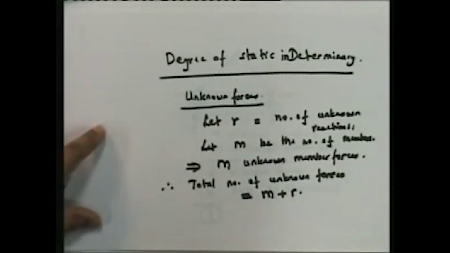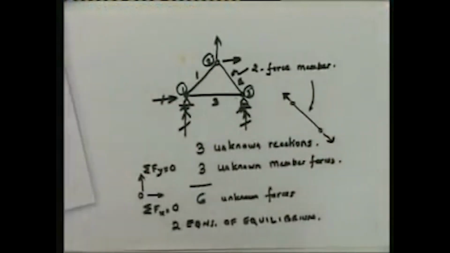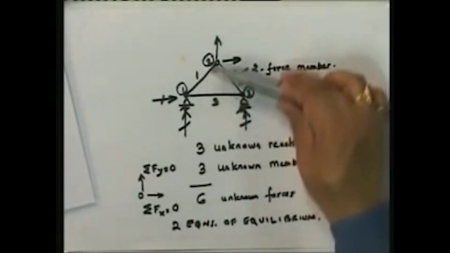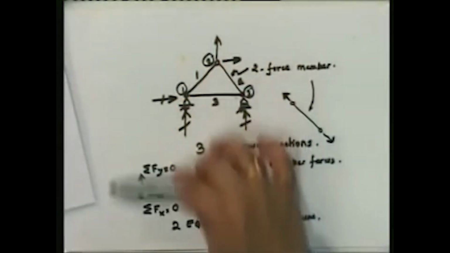So therefore, in a truss, in a planar truss, I am now discussing only planar trusses. What does planar truss mean? Let's go back. If you look at this, a planar truss is one where the truss and the loading on the truss are all in one plane.